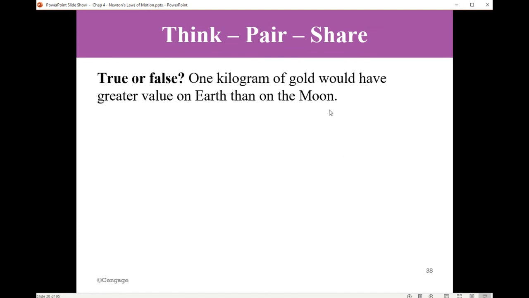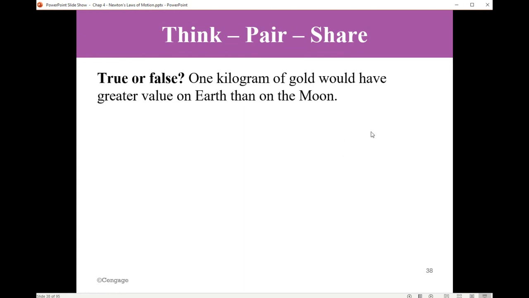Mass will not change. Weight will change. Weight, which is mass times gravitational acceleration, yes, our weight on the Moon surface would be 1/6 of our weight on the ground. But our mass will remain the same. Mass is the amount of matter in our bodies, for example. It will remain the same.